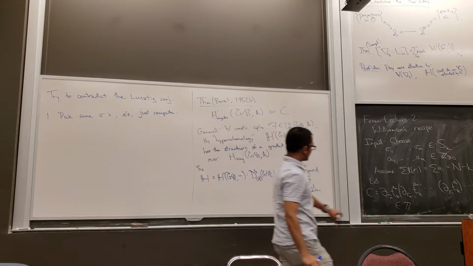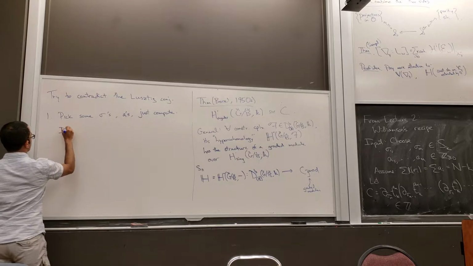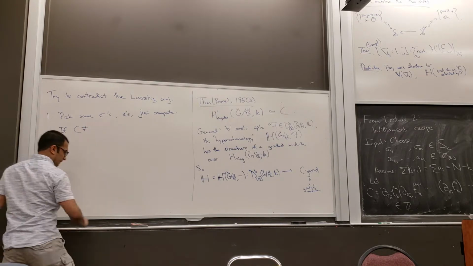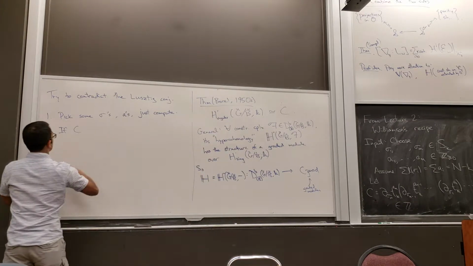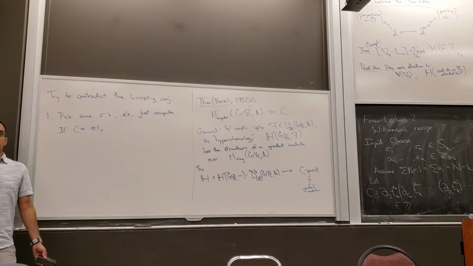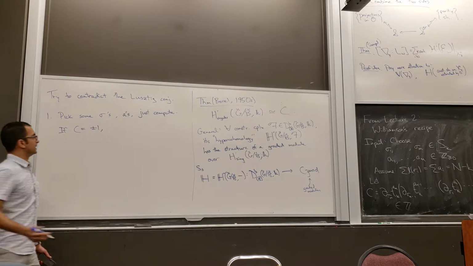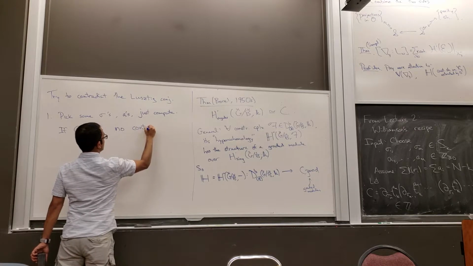Okay, so this capital C, it's an integer. If C comes out to be plus or minus 1, then you get no contradiction, because that'll remain plus or minus 1 in every field. It's never 0 mod anything. So there's no contradiction.